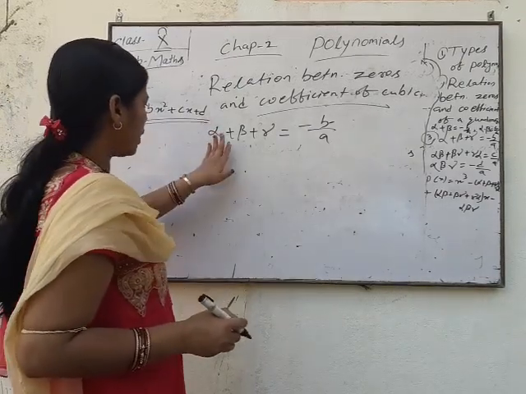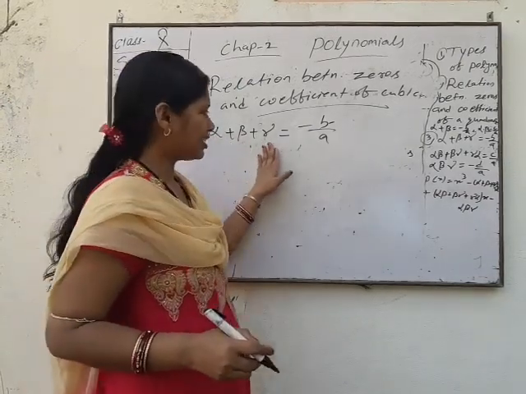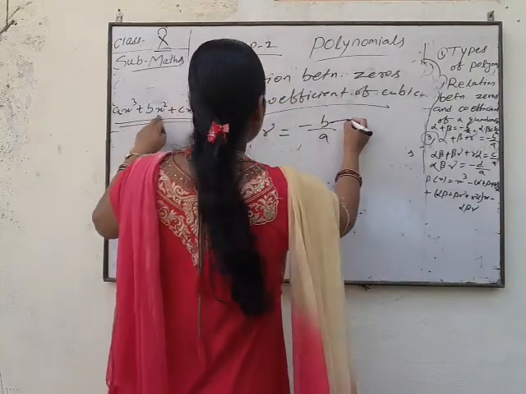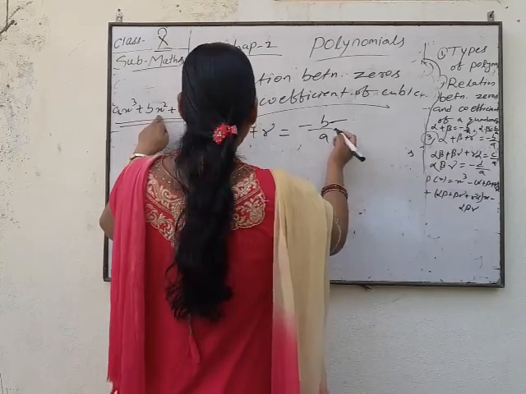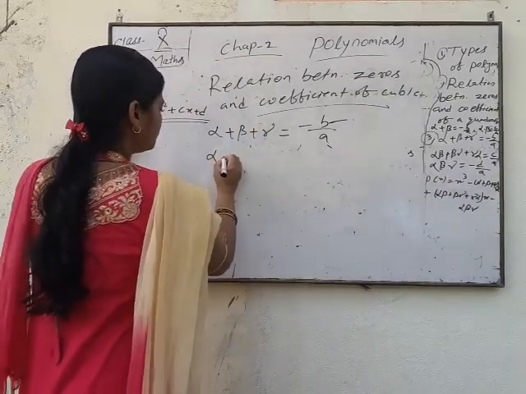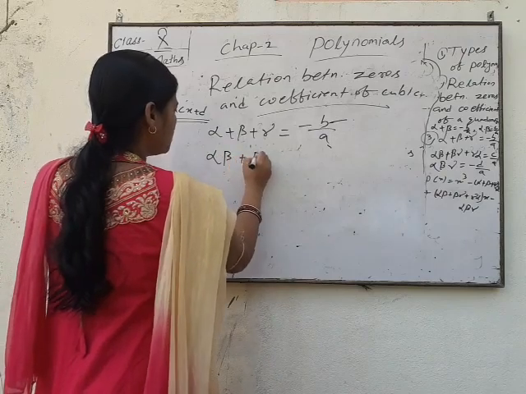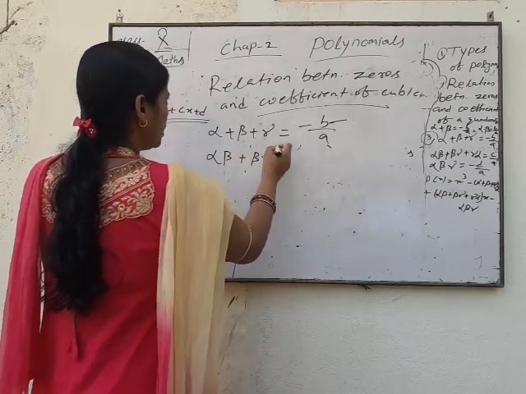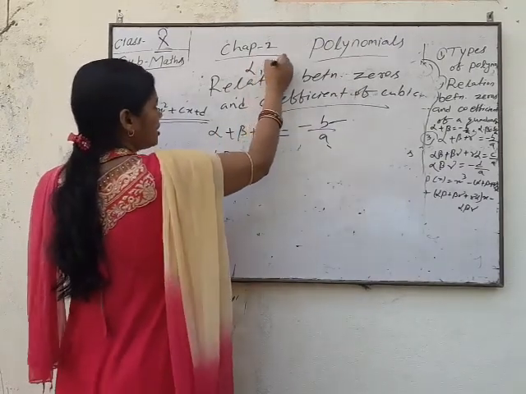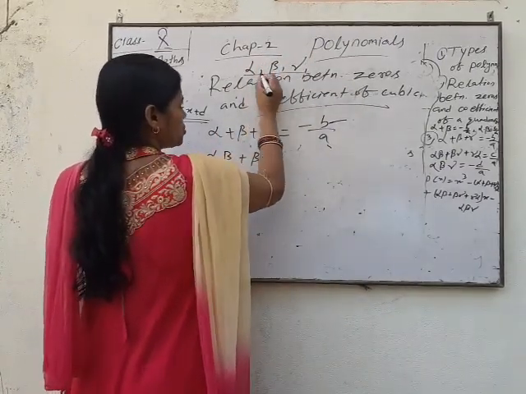So alpha plus beta plus gamma is equal to minus b by a, where b is the coefficient of x square and a is the coefficient of x cube. And then alpha into beta plus beta into gamma plus gamma into alpha. Here cubic means three zeros: alpha, beta and gamma.